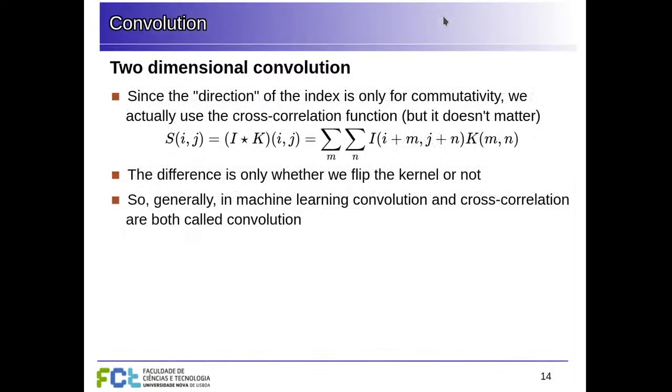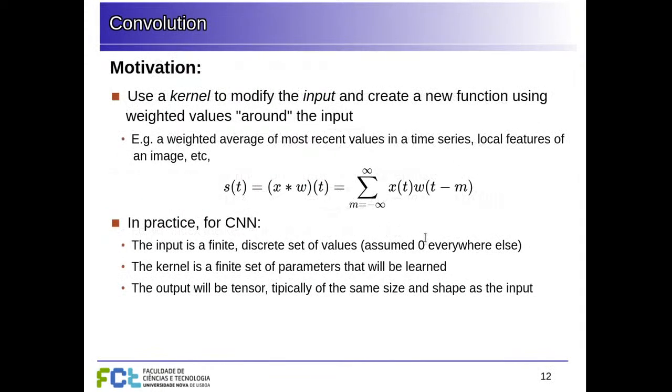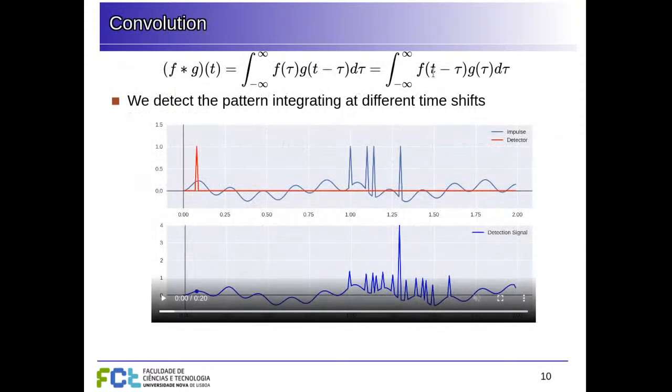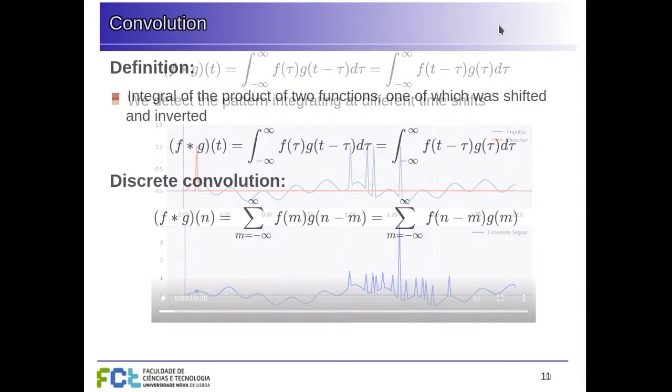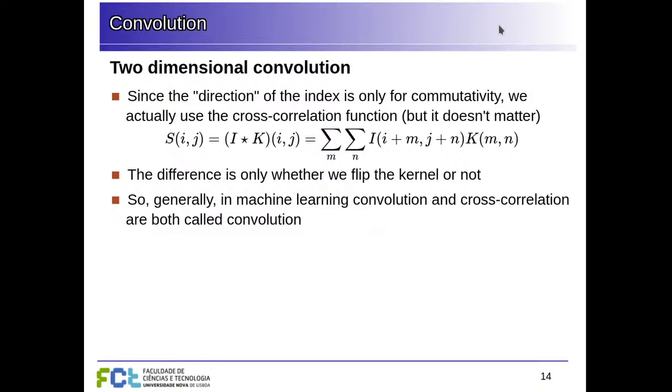Another difference is that there is this inversion here when we see in the convolution function that we have, for instance, in this case, we are computing the integral as a function of tau, but as a function of minus tau on the other function. This is necessary for convolution to be commutative, but we don't really care about that in convolutional neural networks. And the only difference here would be the symmetry of the kernel, so it doesn't really matter.